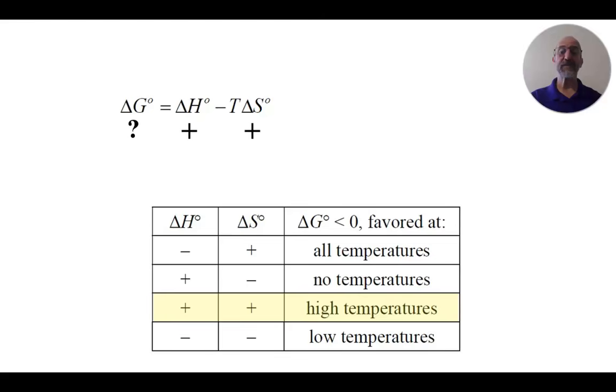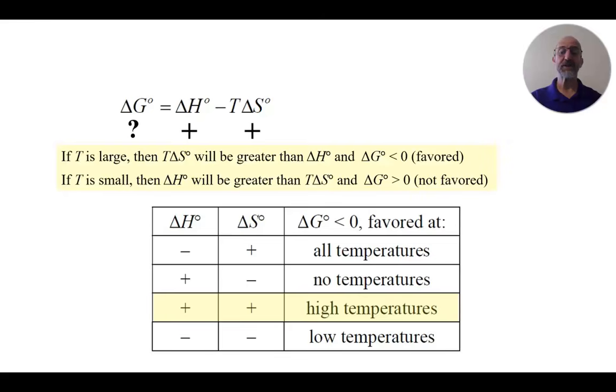Now, if the absolute temperature is a large number, then the value of the T delta S would be greater than the value of delta H. And so for that situation, the delta G would be negative if the temperature is large. So it would be thermodynamically favored at high temperatures.